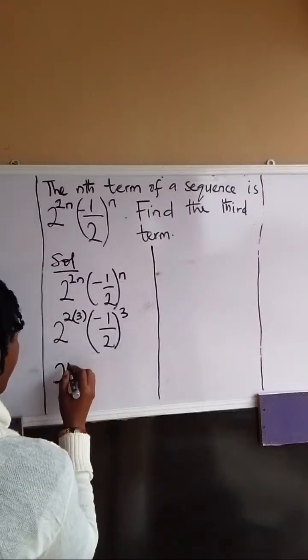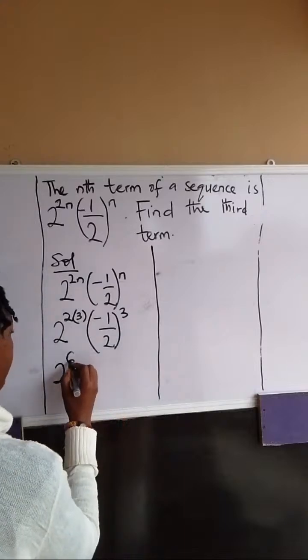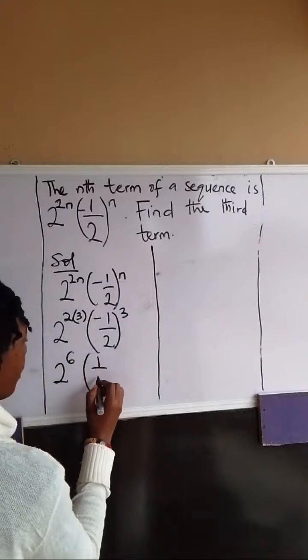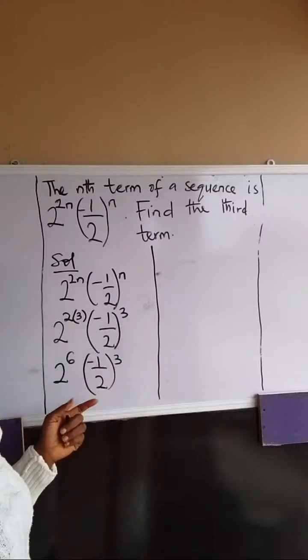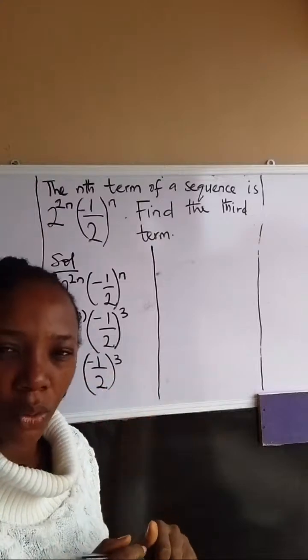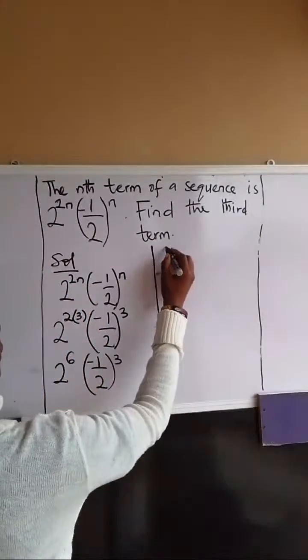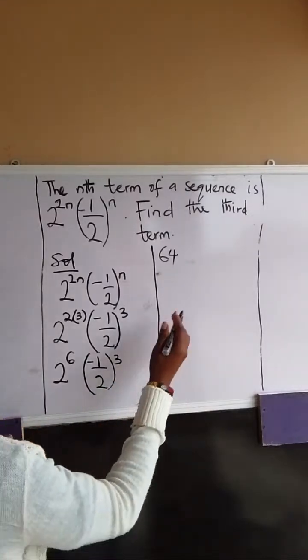Now, 2 times 3 gives us 6. We have 6 here, and 1 over 2 to the power of 3. So 2 to the power of 6 will give us 64.